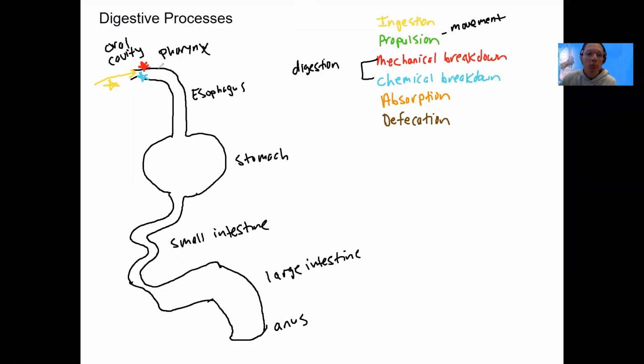And lastly, we have propulsion. That's mostly the job of the back of the oral cavity through the pharynx and then down the esophagus, so swallowing. So we're going to continue on with propulsion is actually the only job of the esophagus and pharynx.